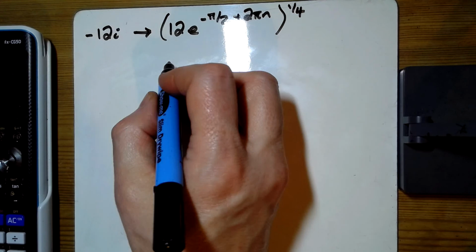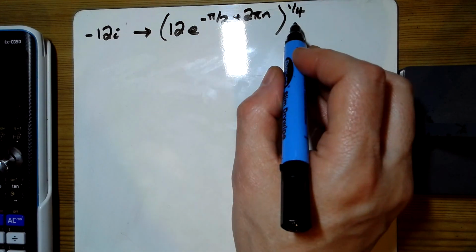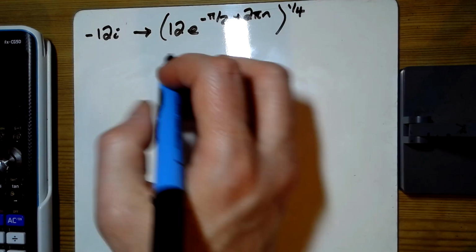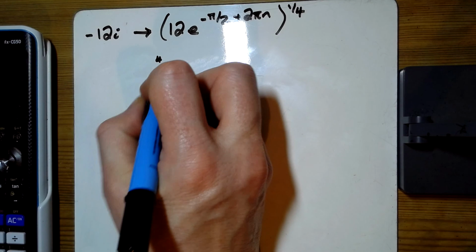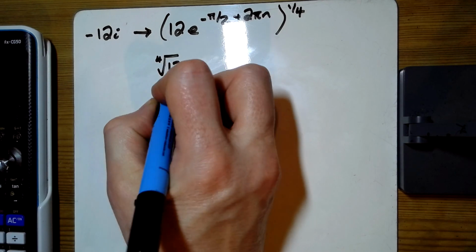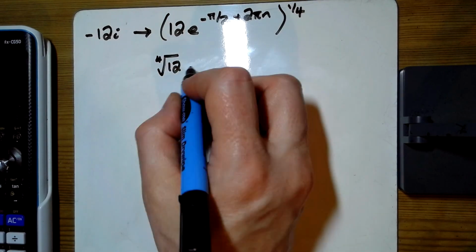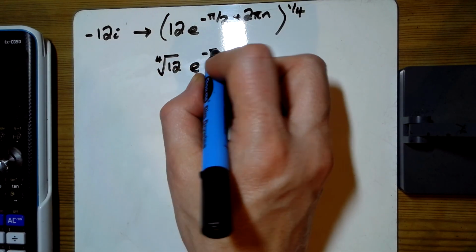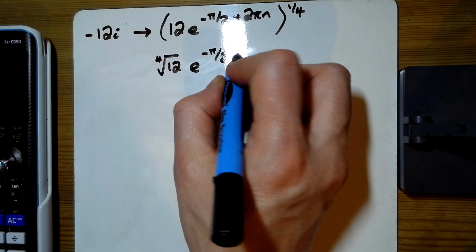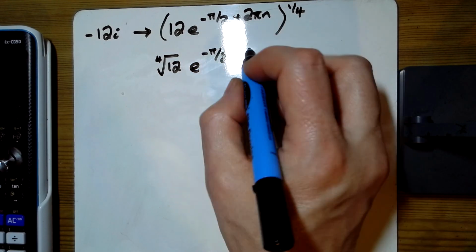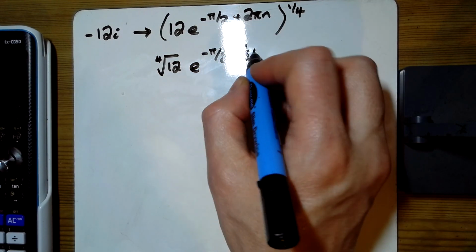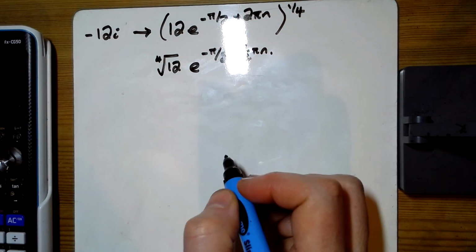So the fourth root of 12, and then we're going to have e to the minus pi over 8 plus a quarter of that, so that's a half pi n.